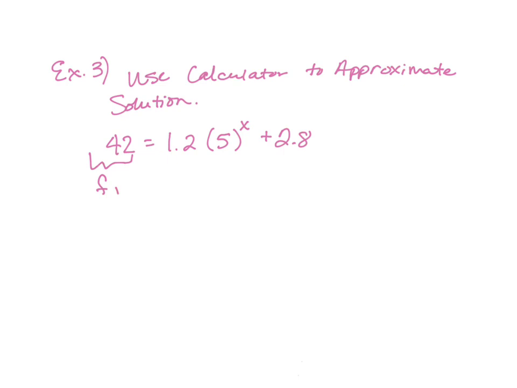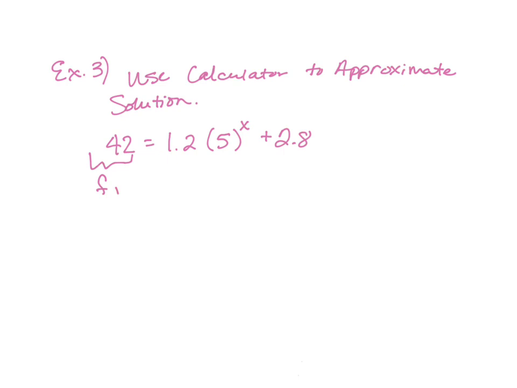In F1, you're going to type the number 42. You got it? And then you're going to push tab, T-A-B, which will take you to F2.